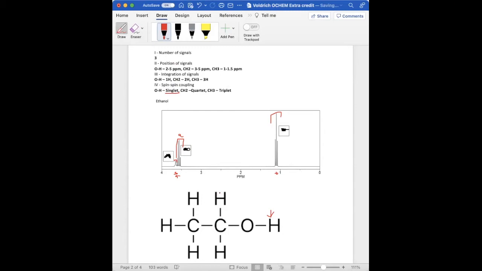Next, we can look at the two hydrogens on this carbon, and we can determine that it'll be the second farthest downfield because of its position. And also we can determine that it has a quartet as well.